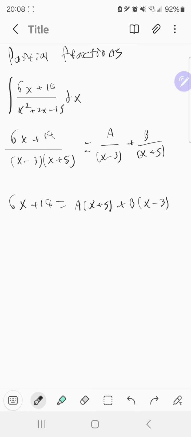Now, upon doing this, say we want to find A first. Well, we set x equal to 3, so that way B goes to 0, because 3 minus 3 is 0.